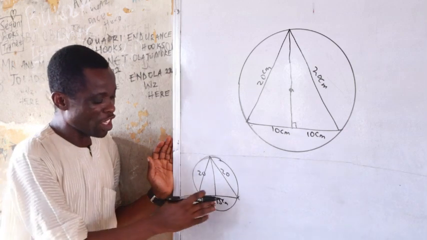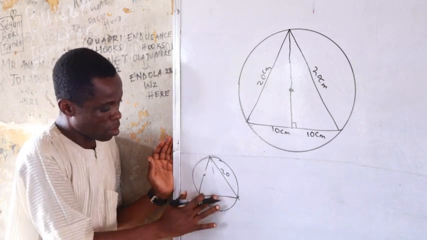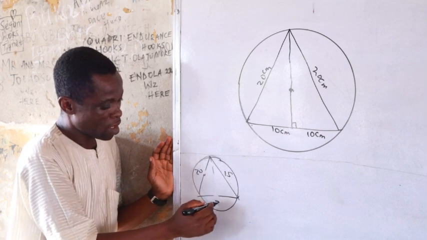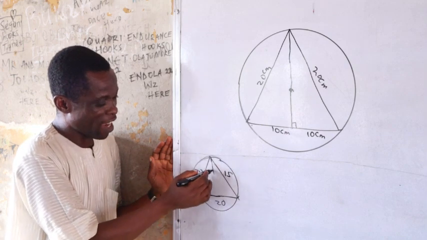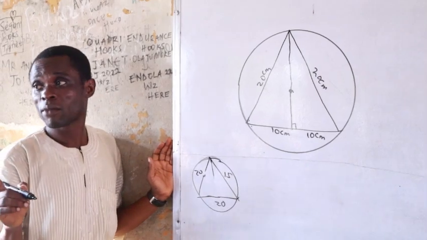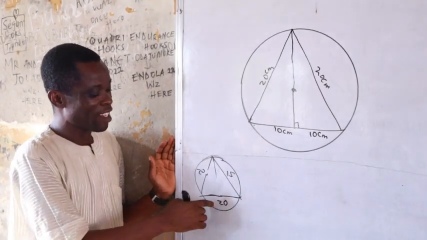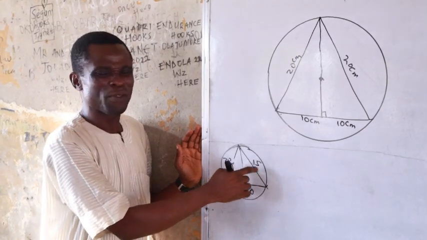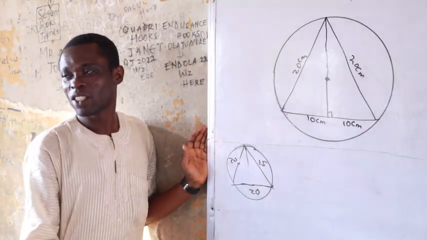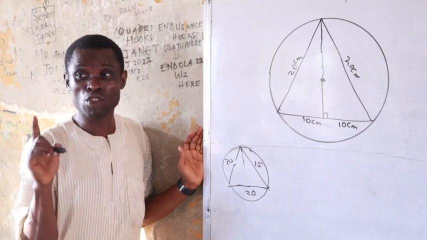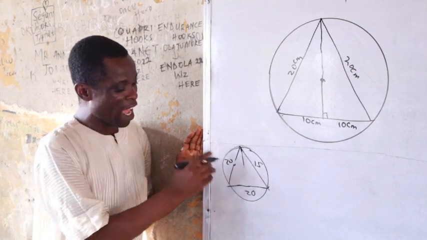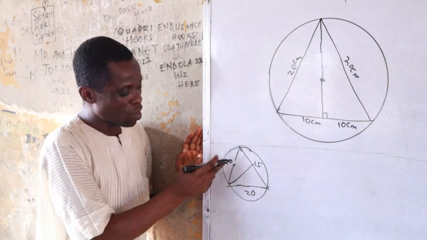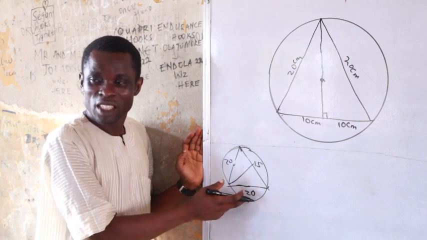Because if it is 20, 15, 20 and you divide it like this, it's wrong, because you get 20, 10, 10. This one is now 10, 15. The two triangles are not congruent and it is wrong. If you have it in this form, 20, 20, I will divide it like this.